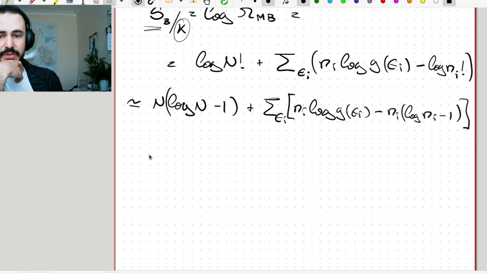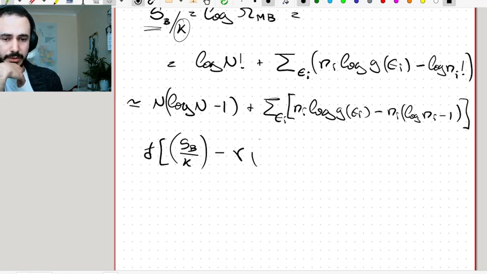Remember, we use the method of Lagrange undetermined multipliers. So this is the thing we want to maximize. And what are the constraints? Well, there's one constraint that I write like this, that the total of particles in any energy level has to sum up to the total number of particles, which is conserved.